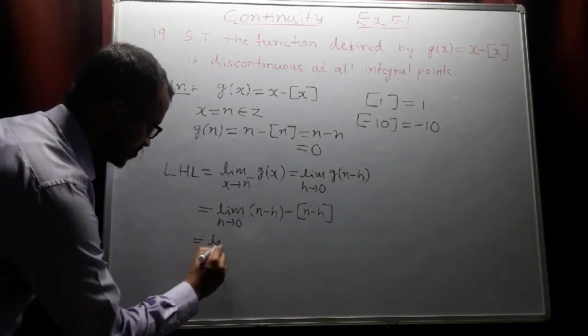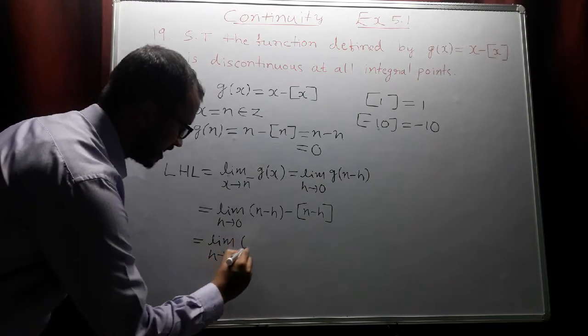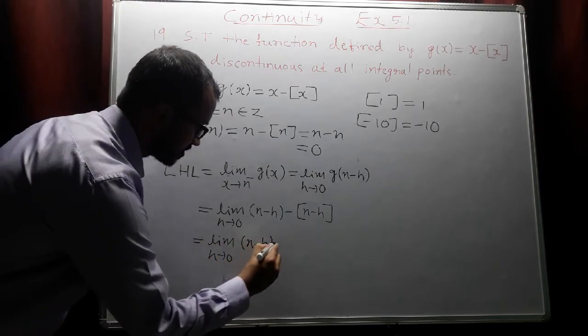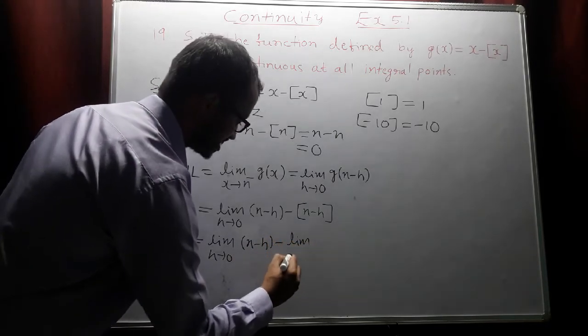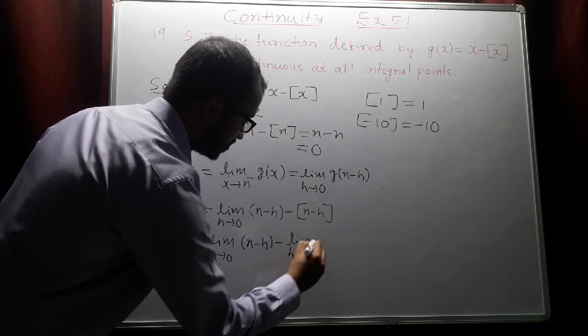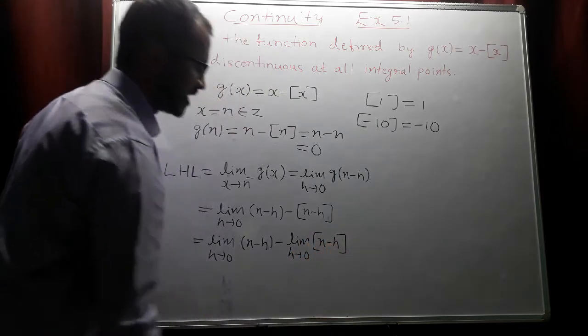So that is limit h tends to 0 of n minus h, minus limit h tends to 0 of greatest integer less than or equals to n minus h.